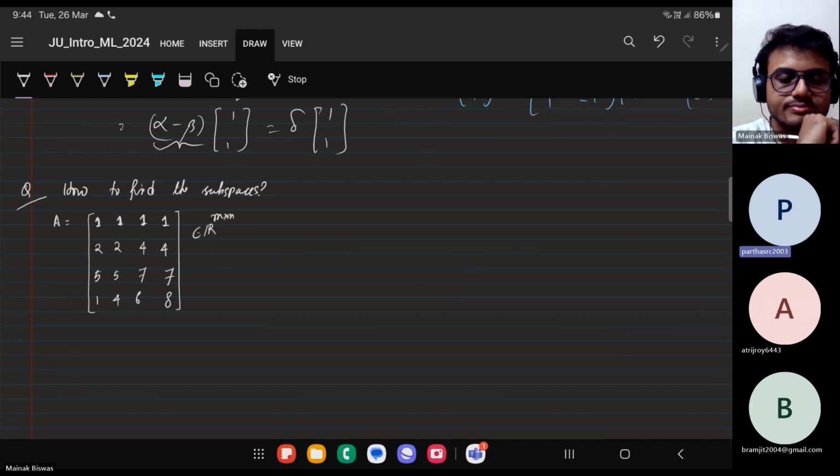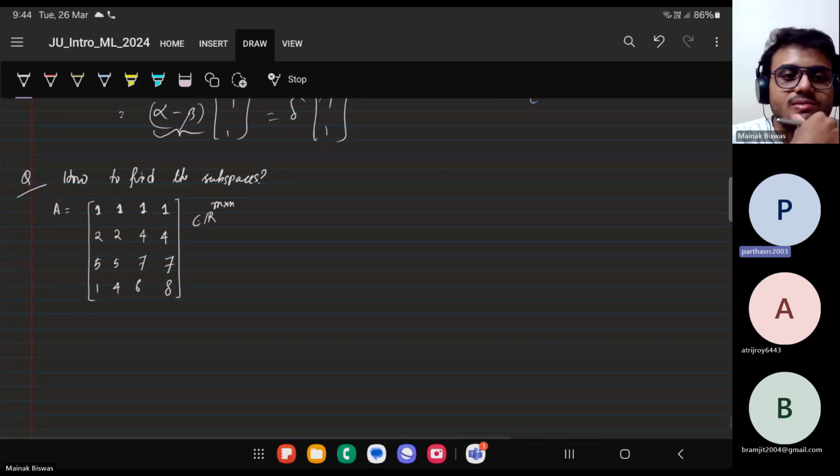We can take an arbitrary vector by which we will multiply A, say all X. These things will not work. You have to find an algorithm that you can code in your computer.